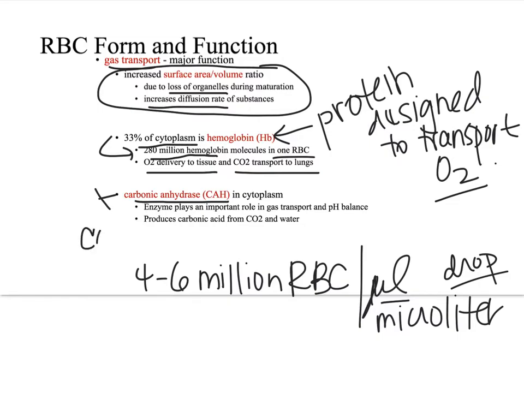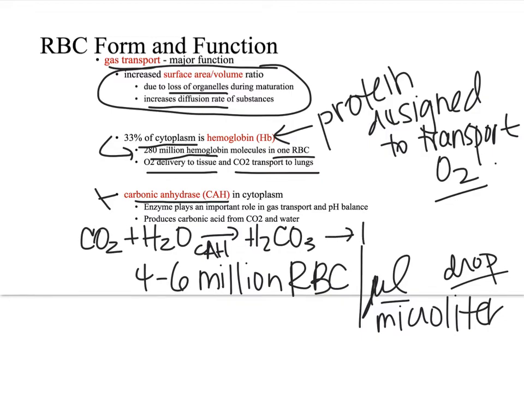The reaction is CO2 plus water, and with carbonic anhydrase we get H2CO3, and that breaks apart, and we get hydrogen ions and HCO3 negative. Sorry, that looks like a mess.